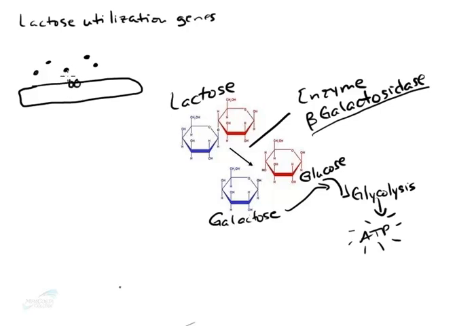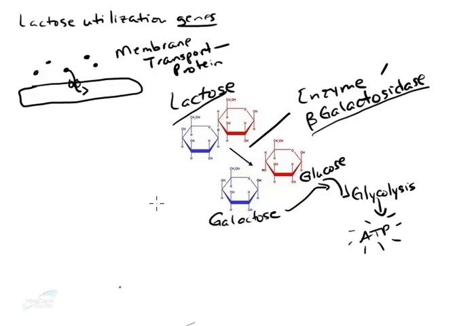In fact, it would have to be specifically transported into the cell, and so you would probably need to have a membrane transport protein to carry out that function as well. Right? So these would be two gene products, coded for by genes within the E. coli genome that would have to be expressed in order for that organism to be able to use lactose as an energy source.